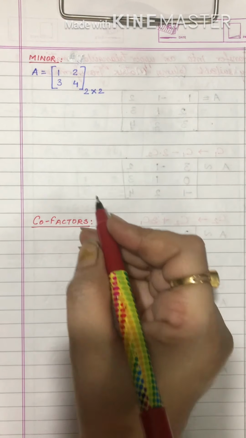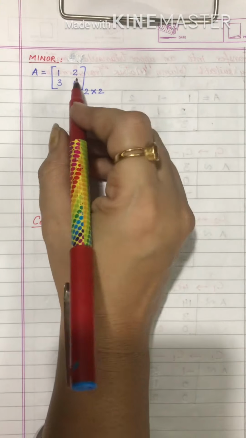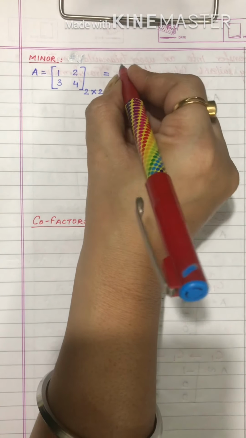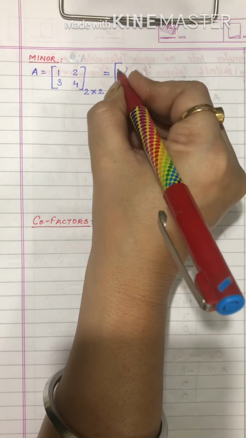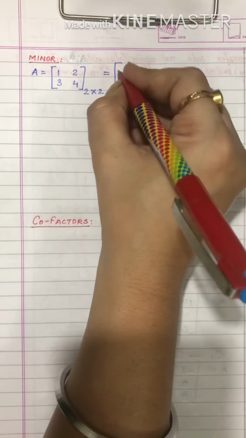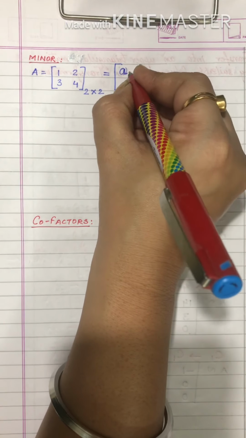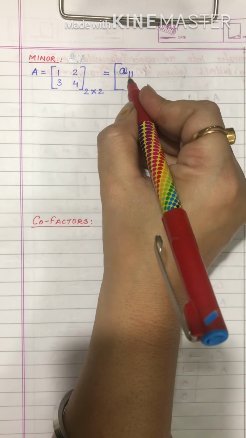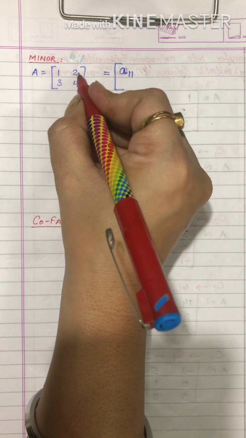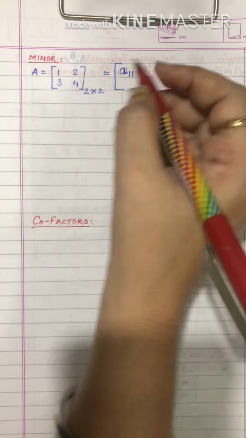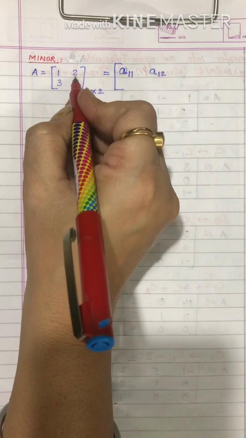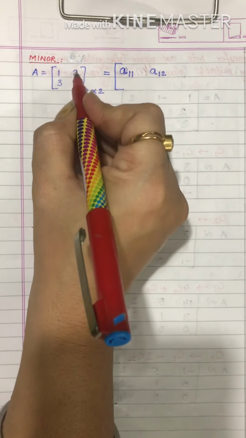How do we actually specify the position of each element in a matrix? The very first one placed over here, where we have written 1, is in general denoted as small a11. Now this means first row, first column. For the element 2, we will write a12 because 2 is in first row, second column.